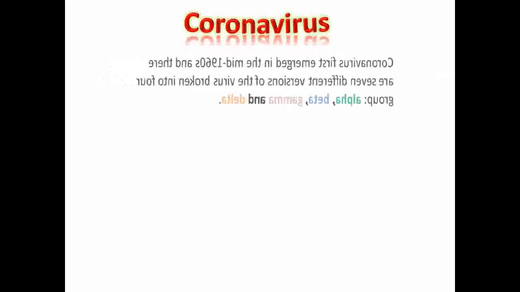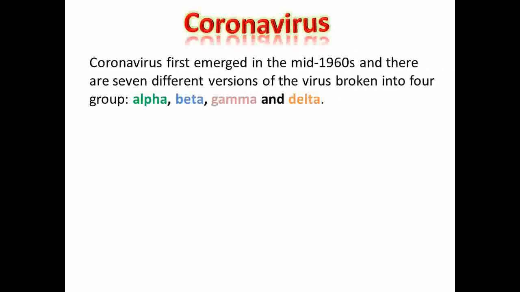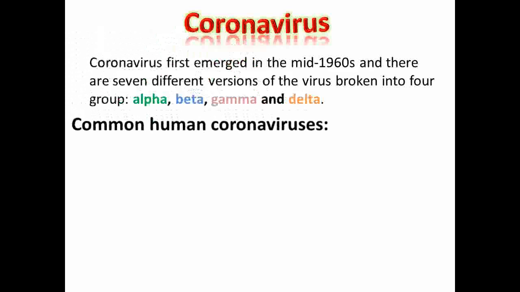Coronavirus. So, coronavirus first emerged in the mid-1960s, and there are 7 different versions of the virus broken into 4 groups: alpha, beta, gamma, and delta. Now, what is common in human coronaviruses?